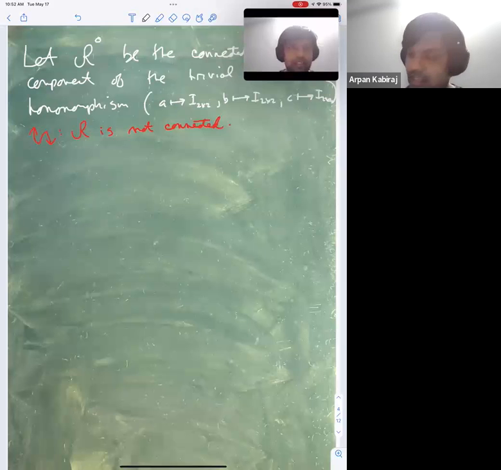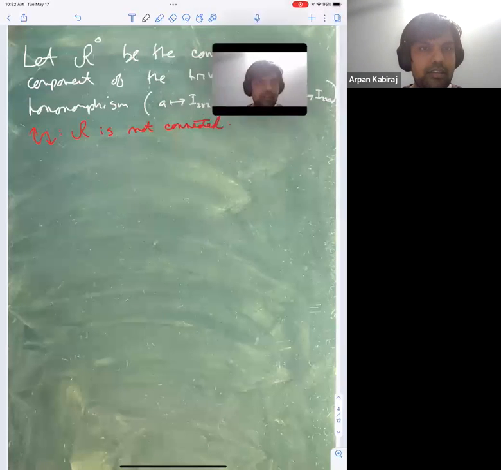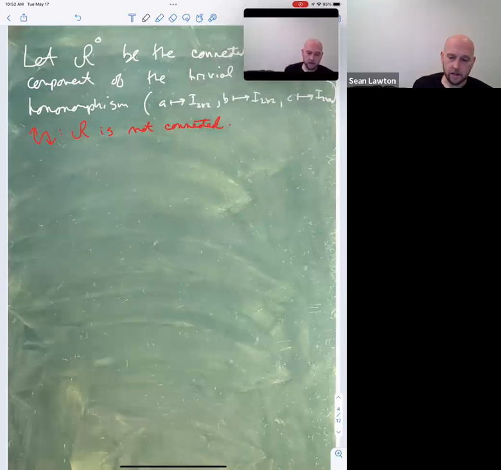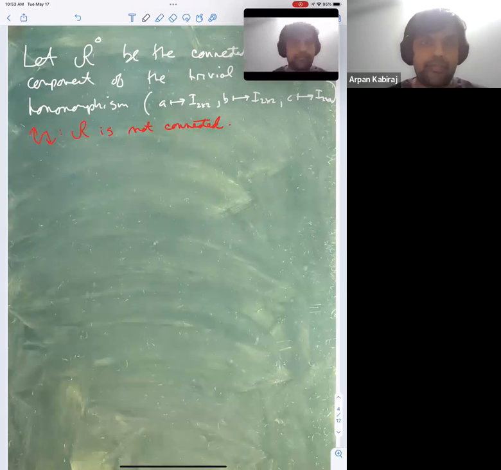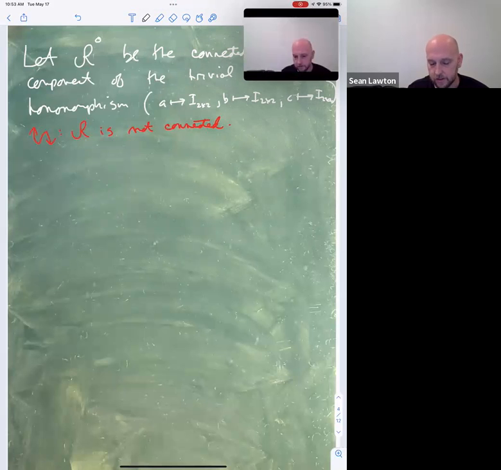Question: how many connected components are there? In this case, that's a good question. Actually, I forget. It's known in this case. I think it's just 2, but I just forget what the number is. In general, for nilpotent groups, I don't think there's a formula known. I think you have to look at specific nilpotent groups.